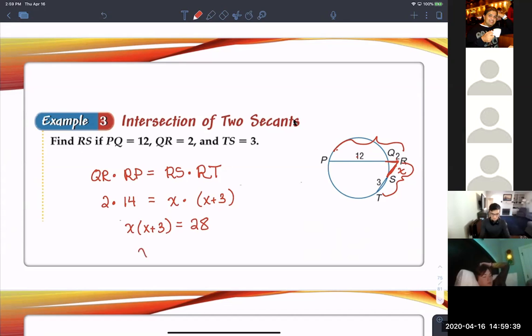So when you solve this, you first have to distribute the x. And remember, this is a quadratic equation, and when we solve a quadratic, we have to have one side equal 0. So we move the 28 to the opposite side, and the way we solve it is by factoring.